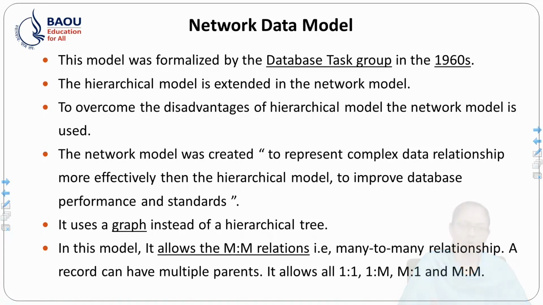It allows all relationships like one-to-one, one-to-many, many-to-one and many-to-many. It supports all the relationships which are limited in the hierarchical model. Which relationship is limited? Many-to-many relationships are not possible in the hierarchical data model, which is possible or present in a network data model.